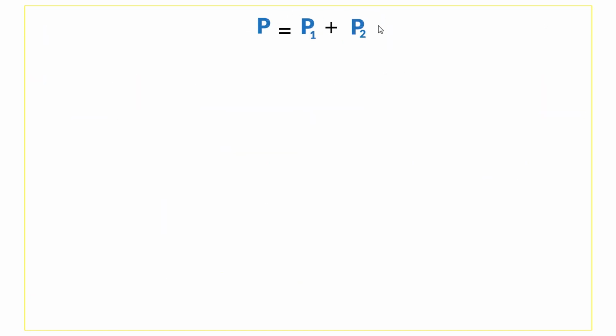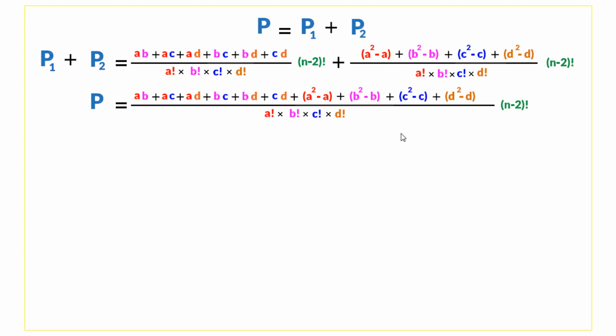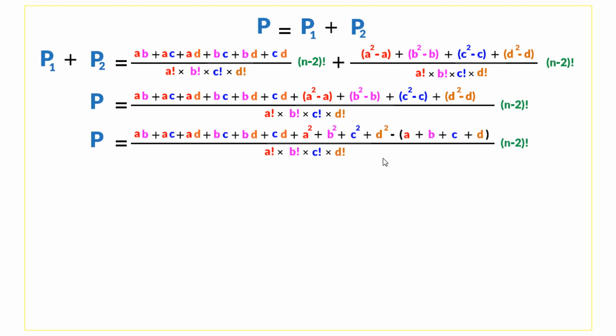So the permutation formula is equal to the formula of P1 plus P2, and we replace that, and we have the same denominator, so we add the numerators and we rearrange, and we notice that a plus b plus c plus d is equal to n.